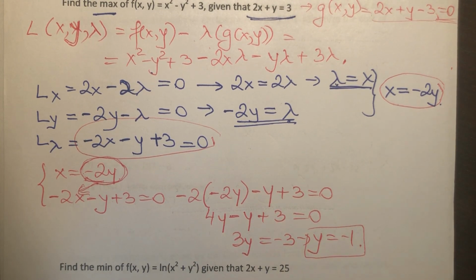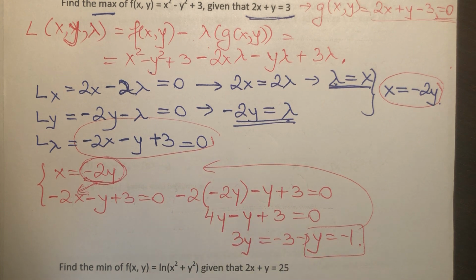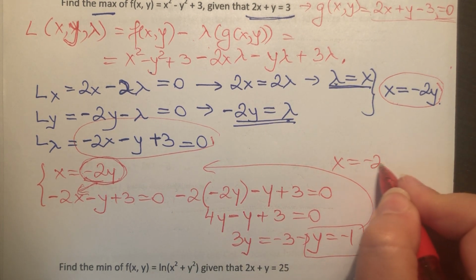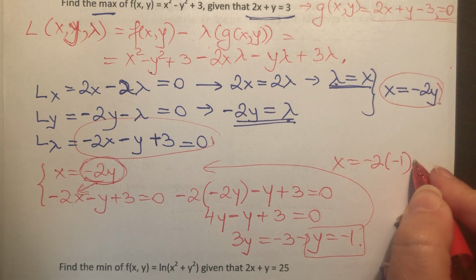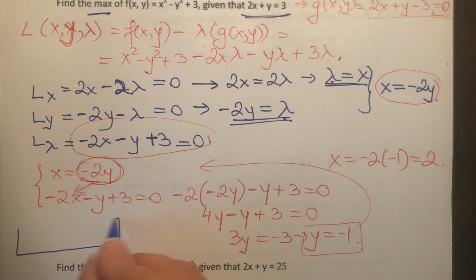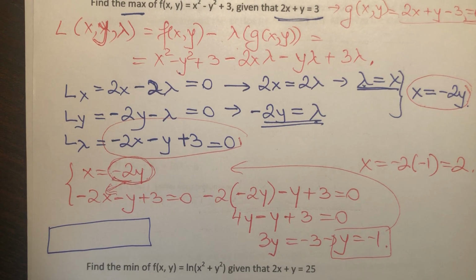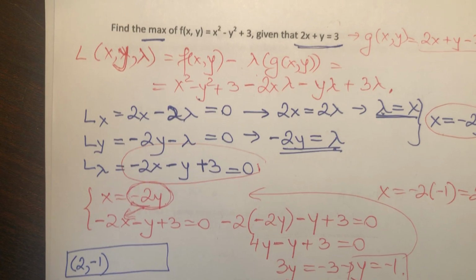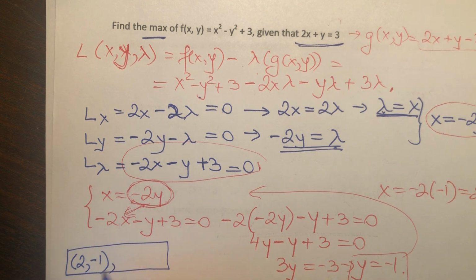Okay, what do we do? Take it back and find the x, right? So x is negative 2 times y, which is negative 1, and that's a positive 2. So what is your answer? Your answer, the maximum occurs at the point of coordinates (2, negative 1), right? And what is that maximum?